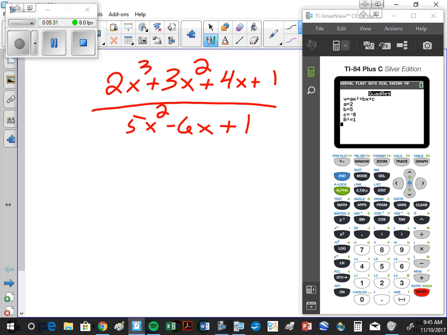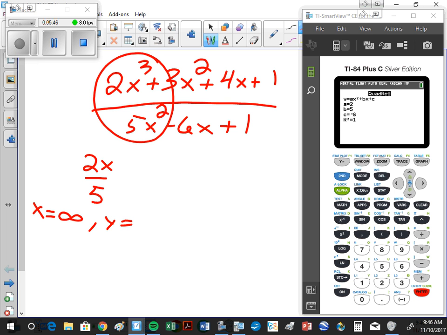No, because when I divide the leading two terms, I end up with 2x over 5. When you plug in x equals infinity, we get y equals infinity, which means as the graph goes to the right, it's going up forever. There's no maximum value. What about as x approaches negative infinity? Y approaches negative infinity. So this has a slanted asymptote.